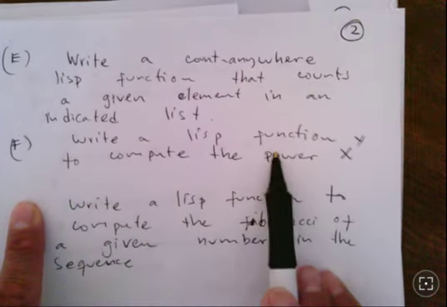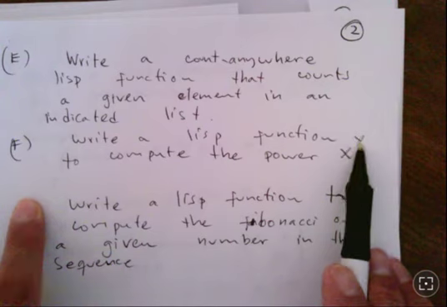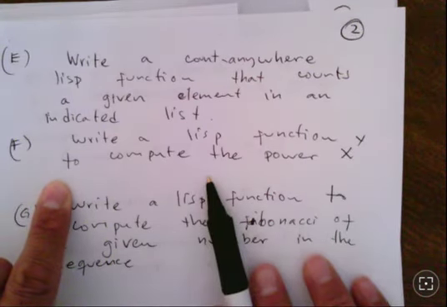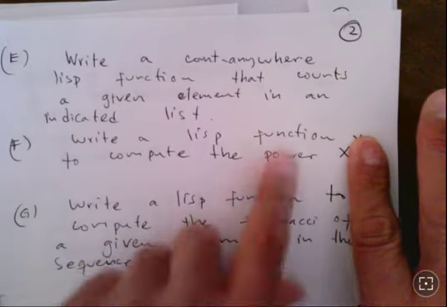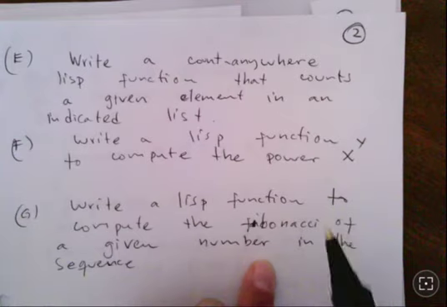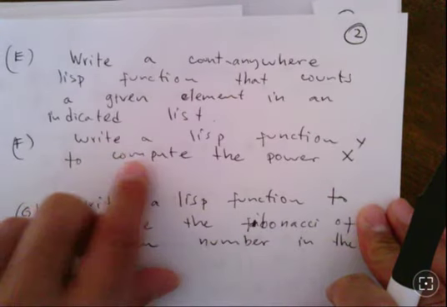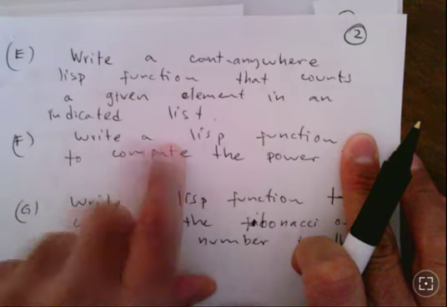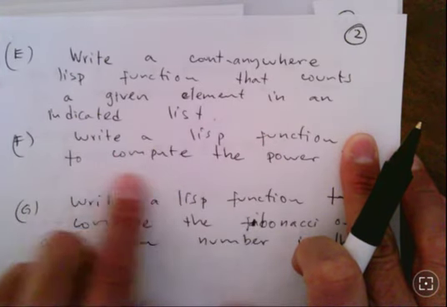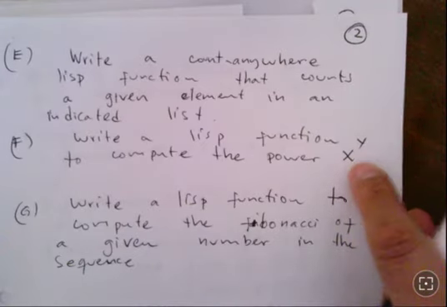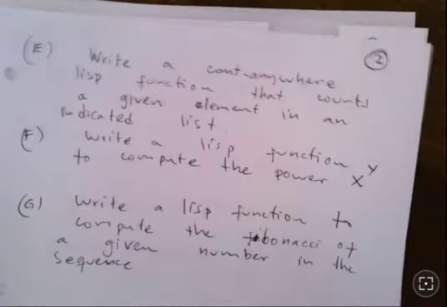So write a function to compute the power of X to the Y. This is what we want to compute. It's a function that is not given a name. So I'm looking for X to the power of Y, and that will be my parameters.